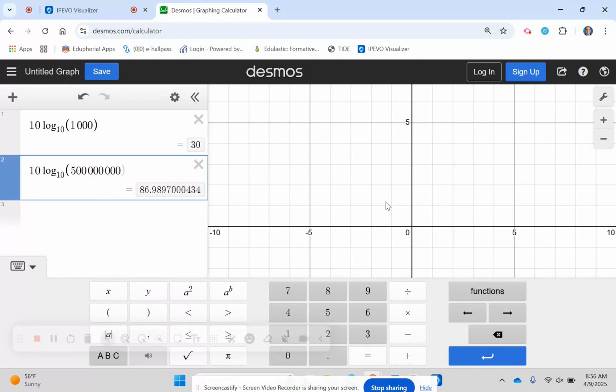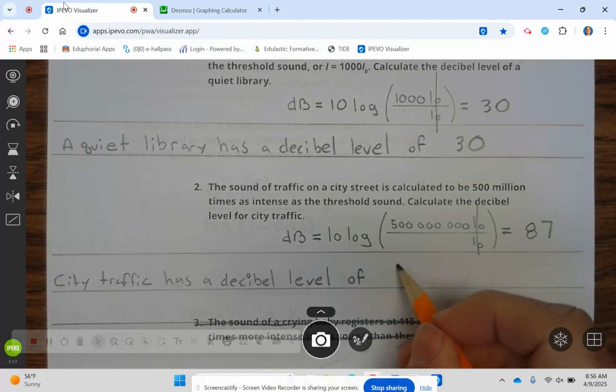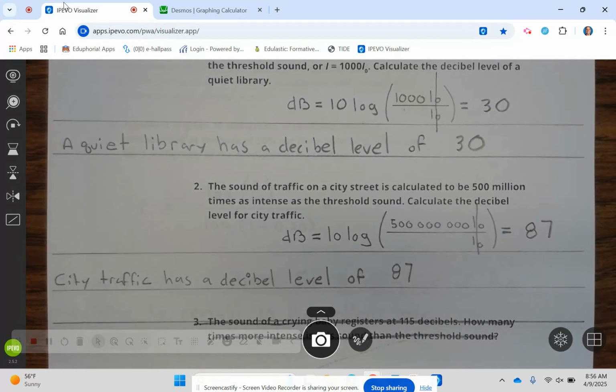Let's go ahead and round that to a whole number, so let's round that to 87. So city traffic has a decibel level of 87. Go ahead and mark out 3. And let's take a look at the next page.